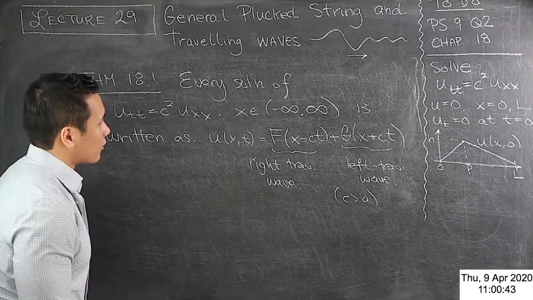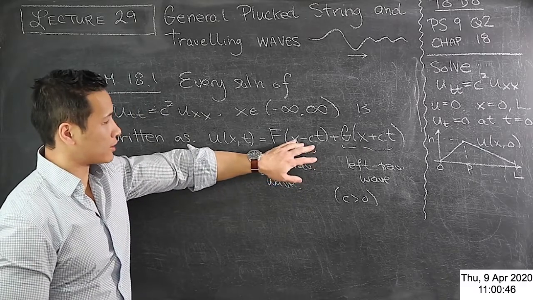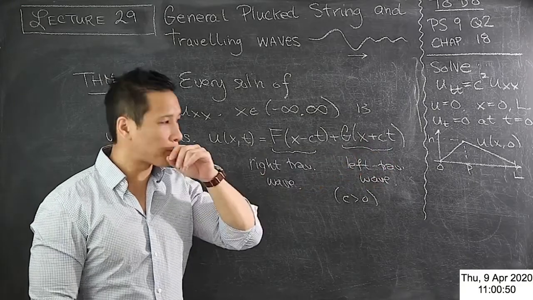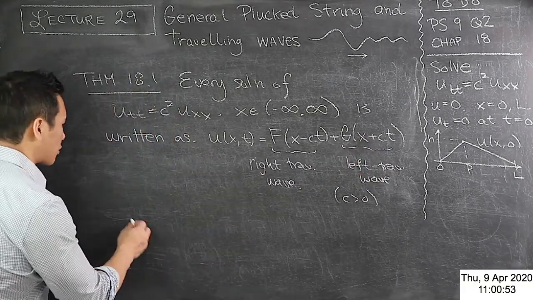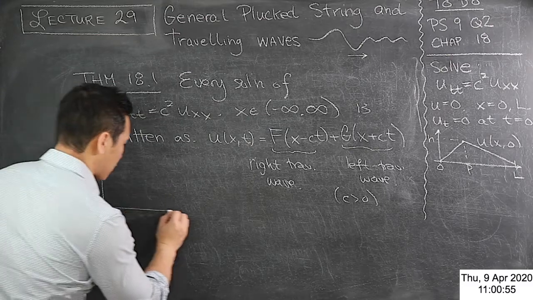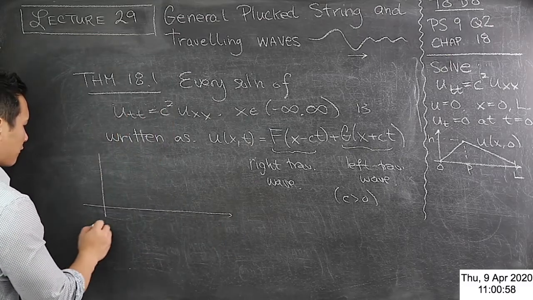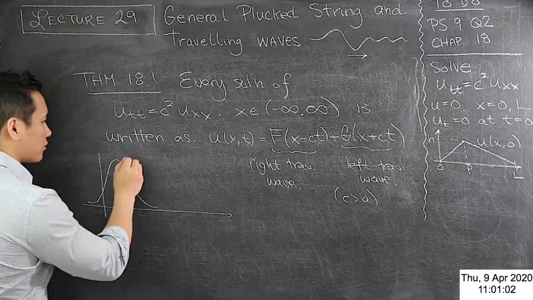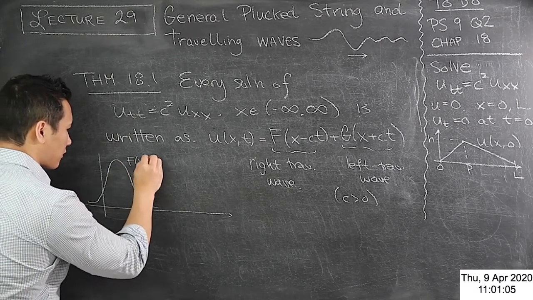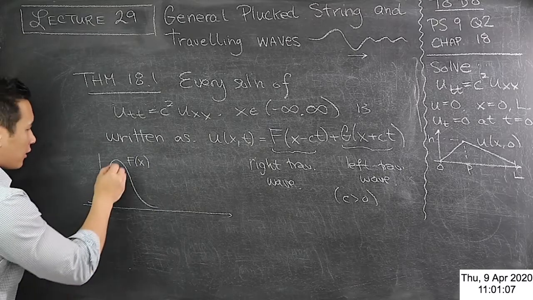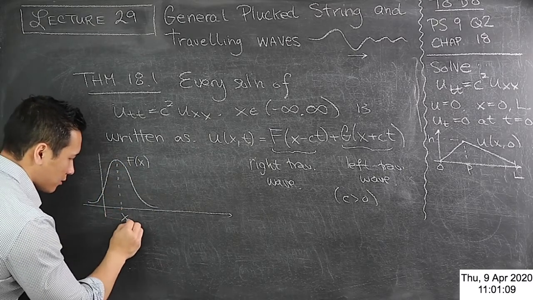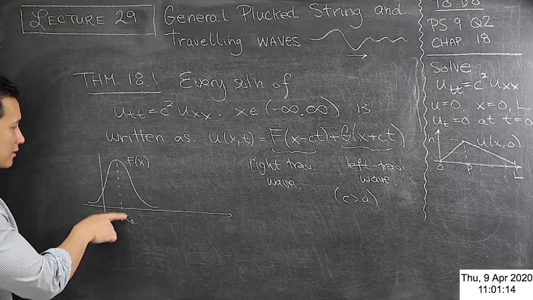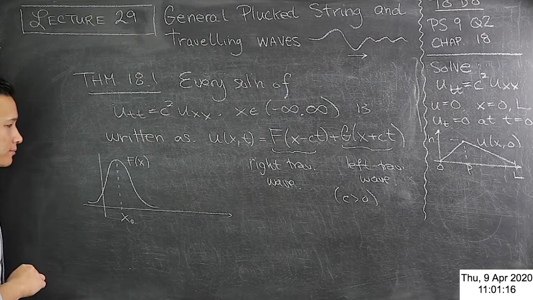So we've just explained why you can interpret this as a right traveling wave and that as a left traveling wave. The other way to interpret it is just to study the function. Suppose I were to give you this as the initial f of x function, and let me take one feature of that graph and call that x naught. So at x naught, I have the maximum of the function.